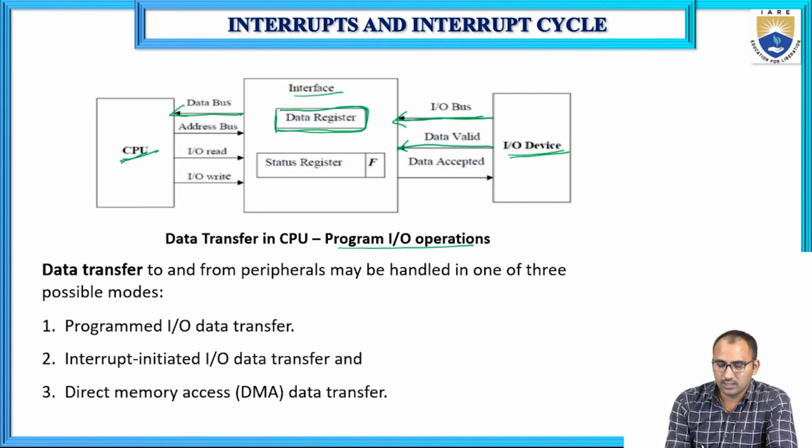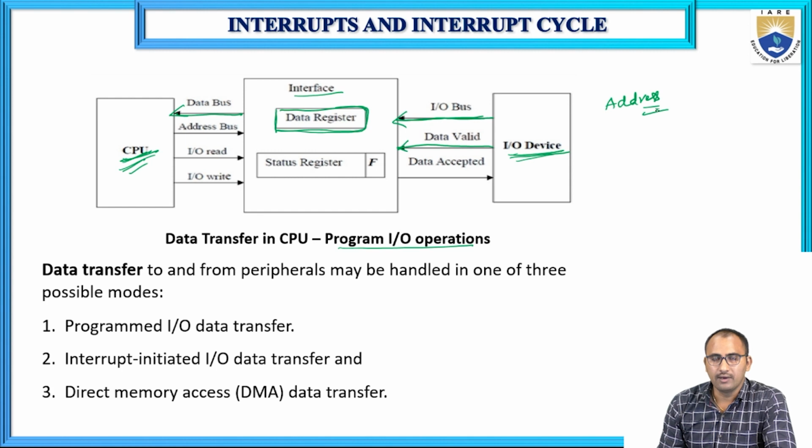The CPU can access the IO device because many IO devices are connected with the CPU. Every IO device has a unique address, and using that address only, the CPU can access the IO devices. That address information is sent through the address bus.